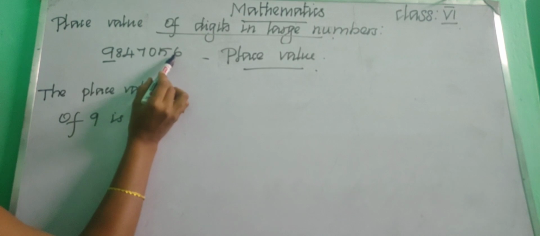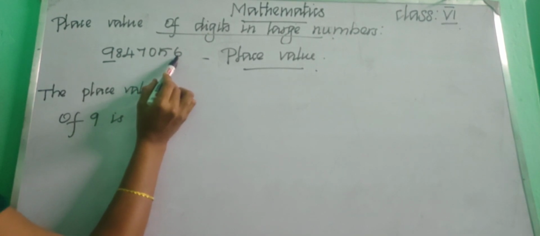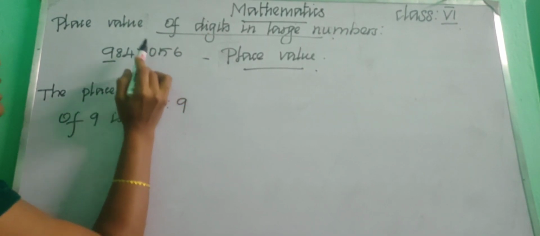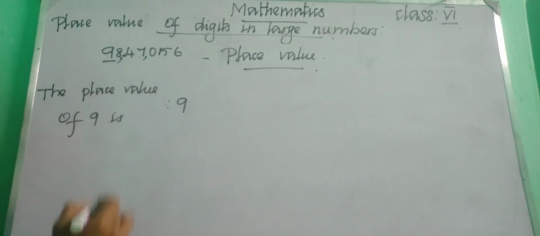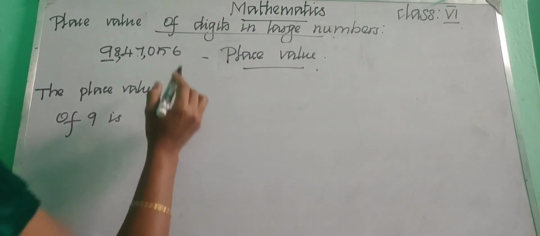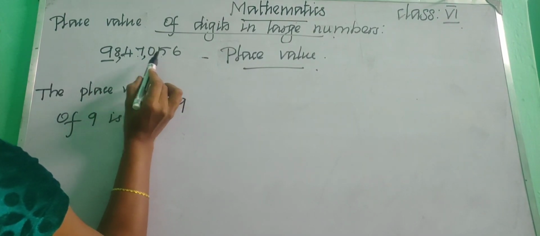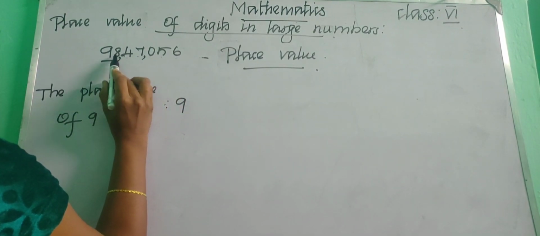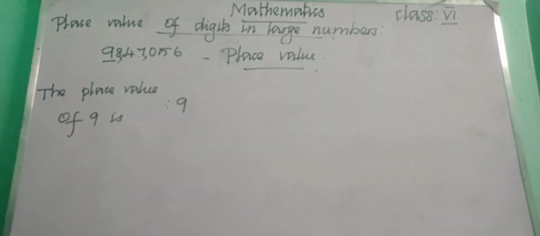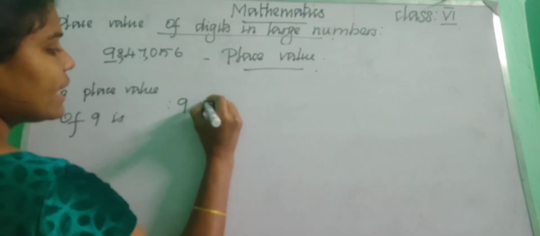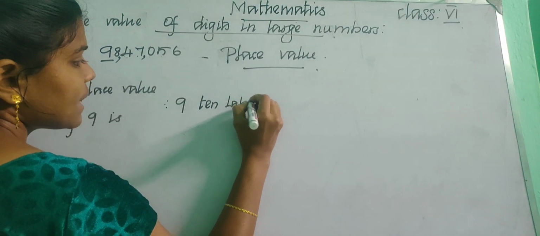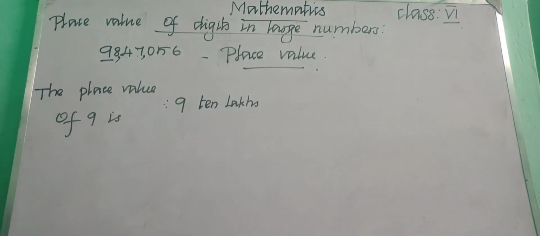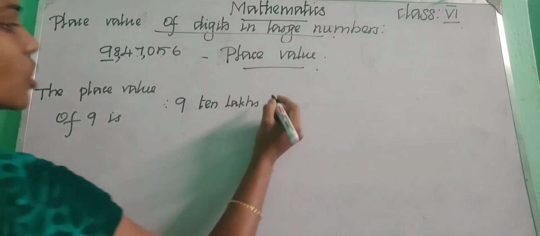First of all, we need to insert commas here. So 1, 2 and 3 and then put a comma. And again 1, 2, put a comma. Children, so now we can say it's ones, tens, hundreds, thousands, ten thousands, lakhs, ten lakhs, right? So 9 ten lakhs.